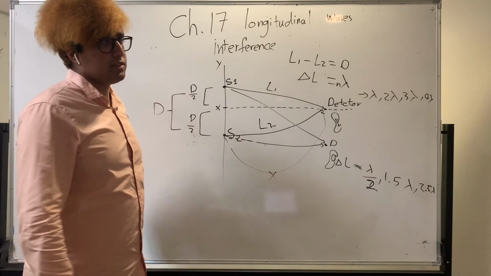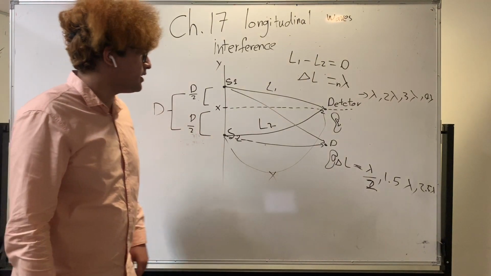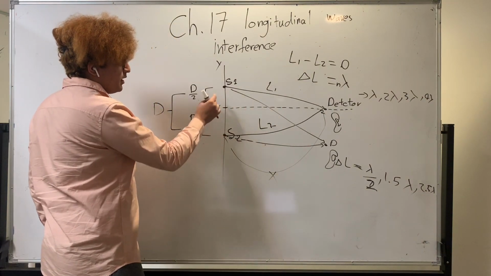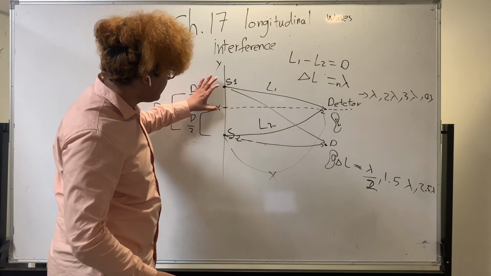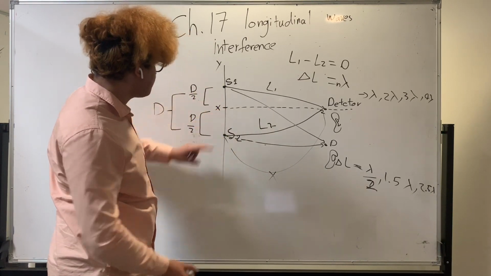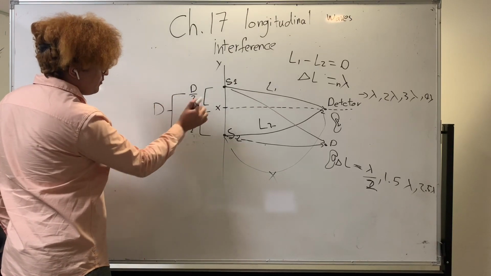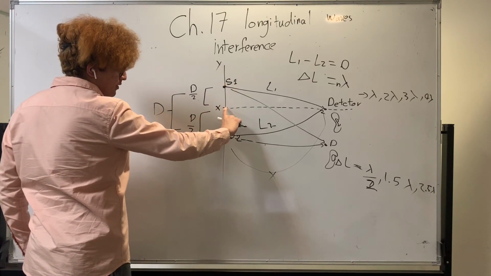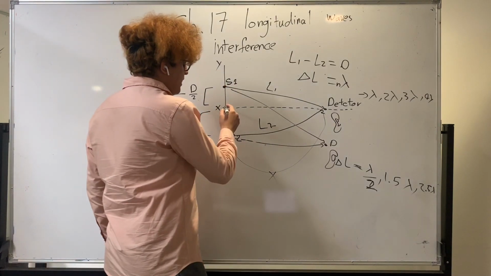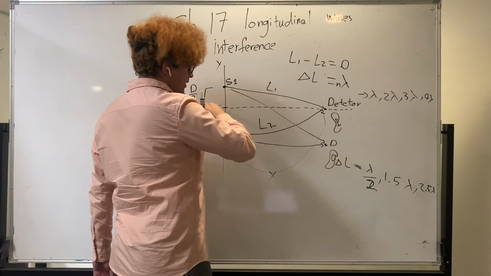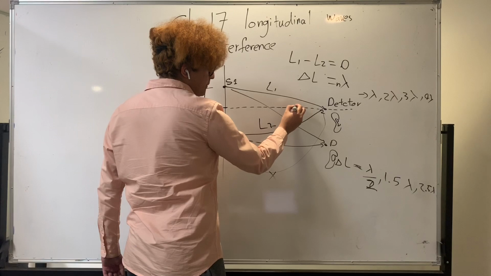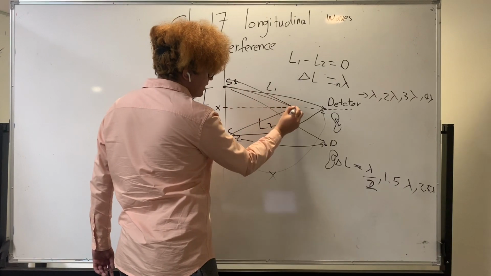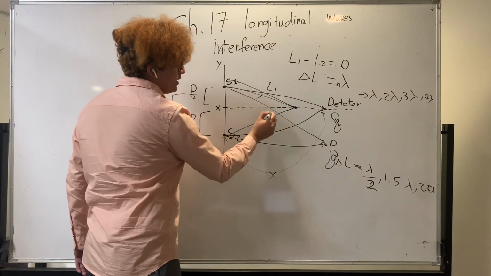So I hope these two things are clear, because these are very important to solve problems. And there is a very important note here: if the distance between S1 and X is equal to the distance between S2 and X, when you have, for example, the whole distance as D between S1 and S2, and from here to here is D over 2, and here is also D over 2, then any point on this line, the X axis, will have equal distances from S1 and S2.